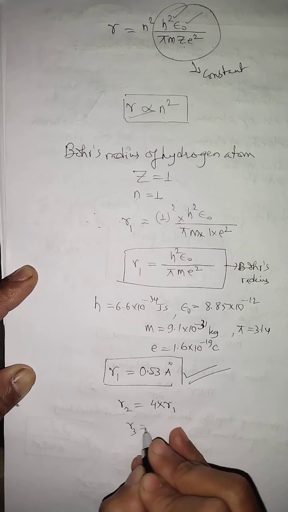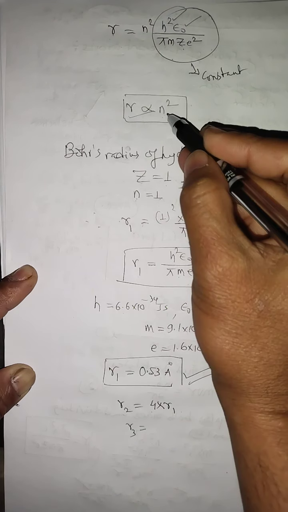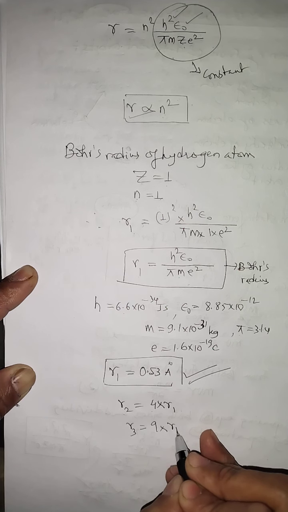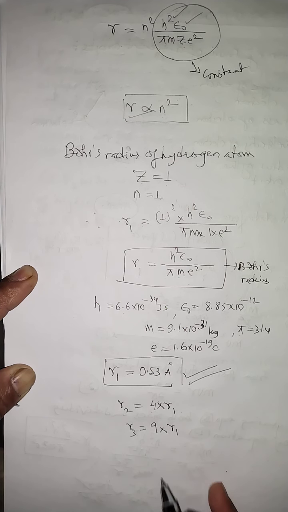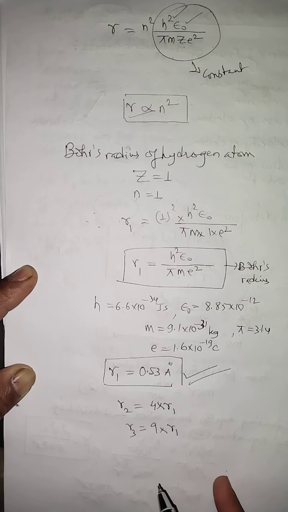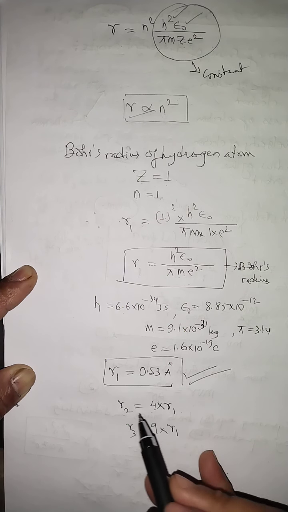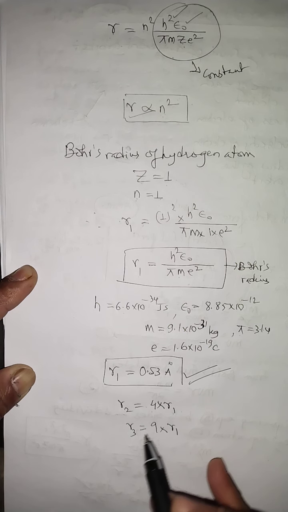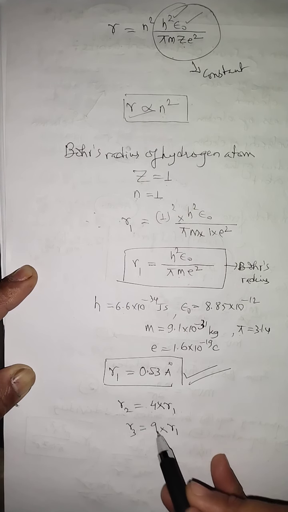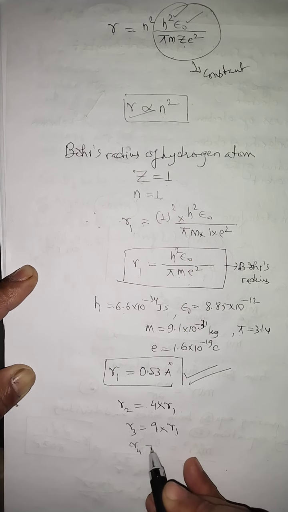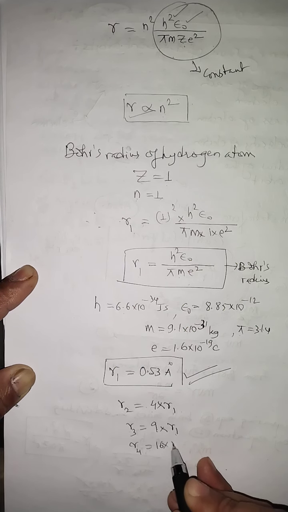Similarly for R3, n will be 3. 3 square means 9, so 9 times the radius of the first orbit. In this way we can calculate the radius of any higher orbit with respect to the first orbit. So the radius of the second orbit is 4 times the radius of the first orbit, the radius of the third orbit is 9 times the radius of the first orbit, and similarly the fourth orbit will be 16 times the radius of the first orbit.